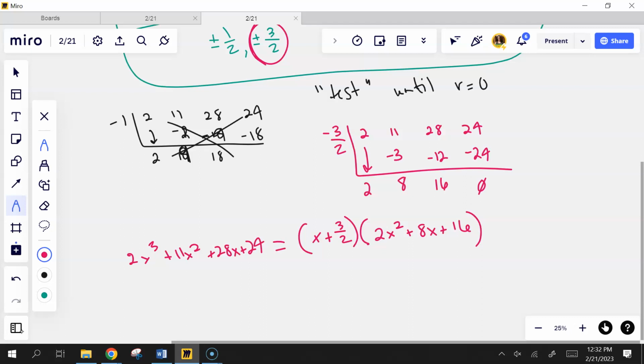It's opposite sign on there, because the 0 is negative 3 over 2, which means if you set that equal to 0 and solve it, you get the negative 3. So it's same sign of zeros, opposite sign of factors, if that makes sense.